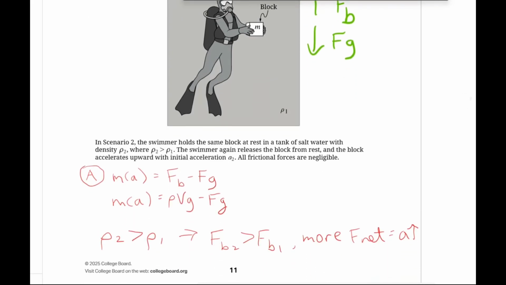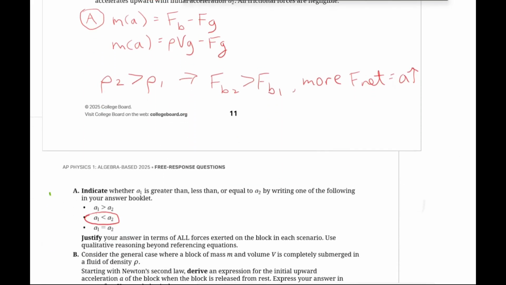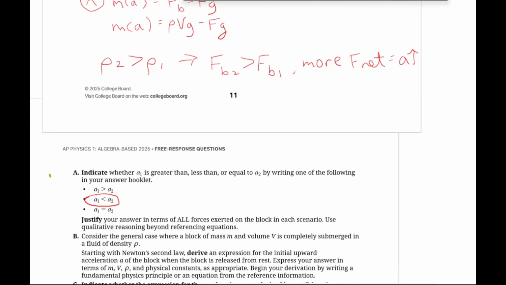Now it says that in scenario 2, the swimmer holds the same block at rest in a tank of salt water with density rho 2, where rho 2 is greater than rho 1. The swimmer again releases the block from rest, and the block accelerates upward with an initial acceleration a2. All frictional forces are negligible. All right, so part A is over here.